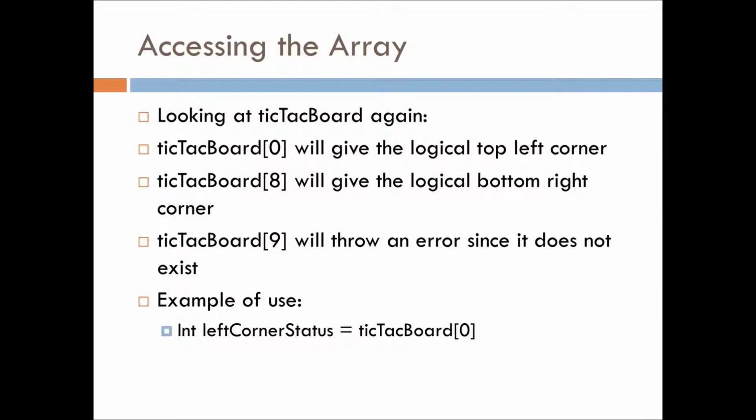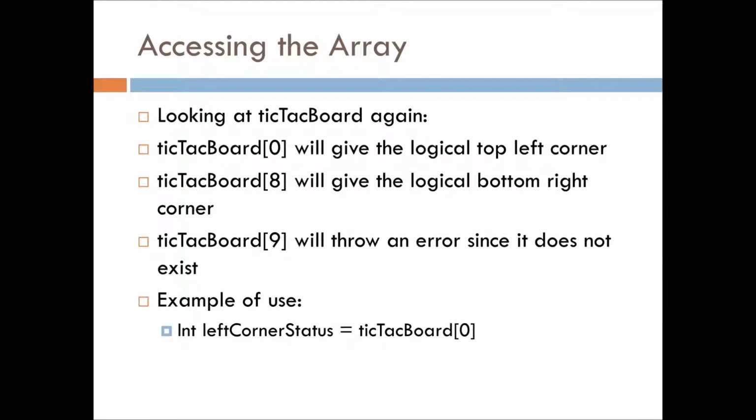So accessing the array, we're going to use tic-tac board again. The first element you access by tic-tac board, and then brackets. Within the bracket, you give it a number. For the very first one, it's 0. And hypothetically speaking, this will be the logical top left corner of a tic-tac-toe board, just speaking from the game board logic side of it.